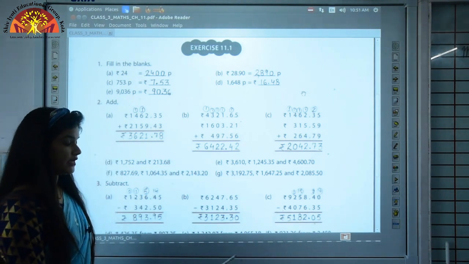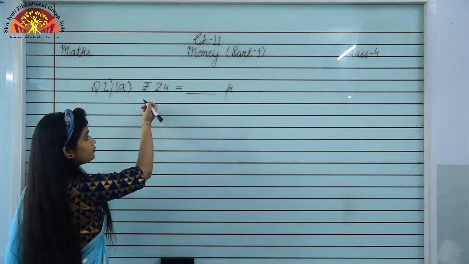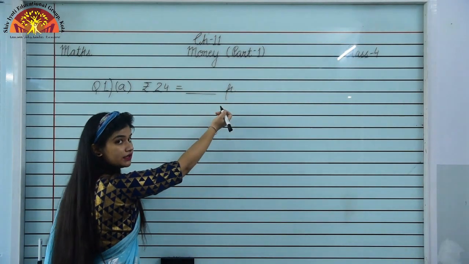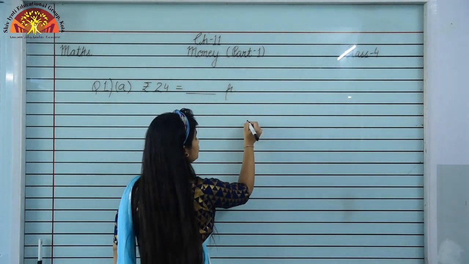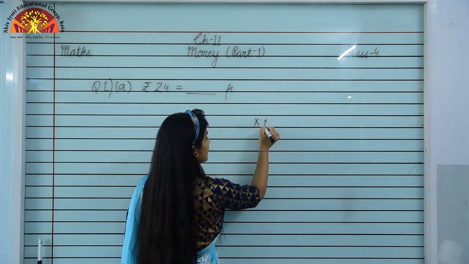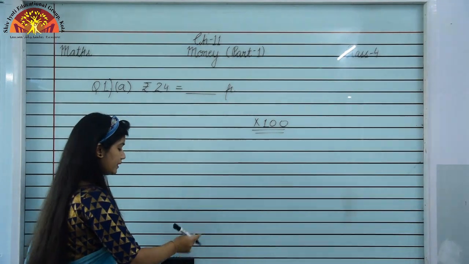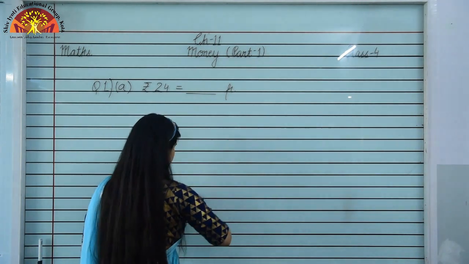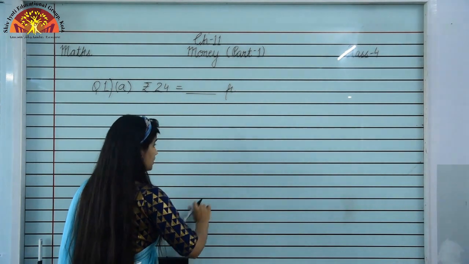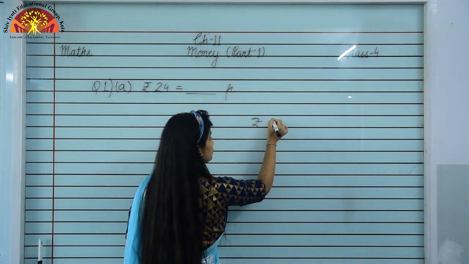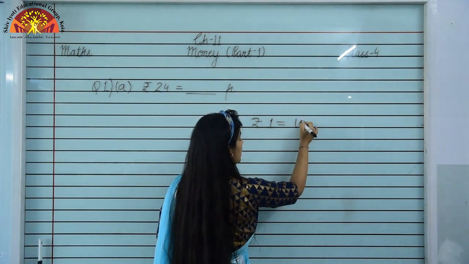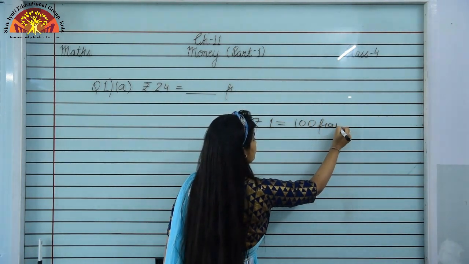Now let's have a look at the board. Rupees 24, and we are converting it into paisa. Whenever you are converting rupees to paisa, you will multiply by 100. Why are we multiplying by 100? Because rupees 1 is equal to 100 paisa.